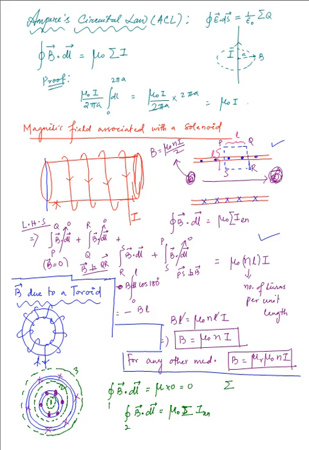And as for the third case, B dot dl again is mu naught times I enclosed. Now, the current that is enclosed within that third loop, I would like to focus on that first.